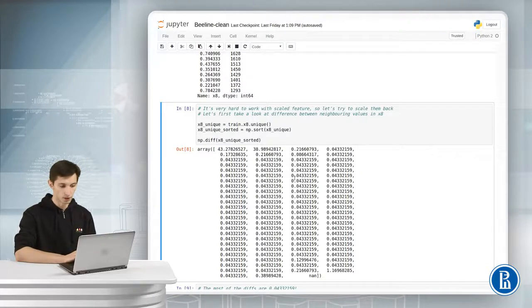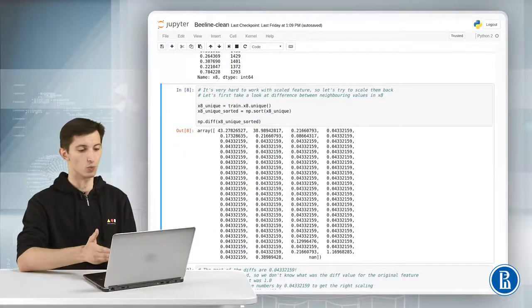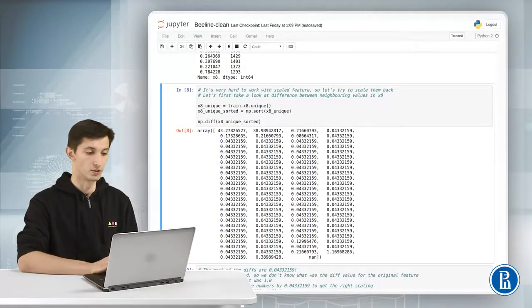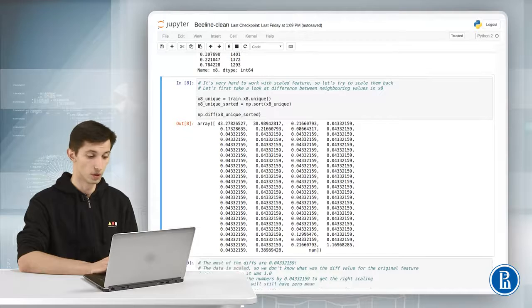It was probably not 0.043 something. It was, who knows, it could be 9 or 11 or 11.7, but it was the same between all the pairs. So assume that it was 1 because, well, 1 looks like a natural choice.